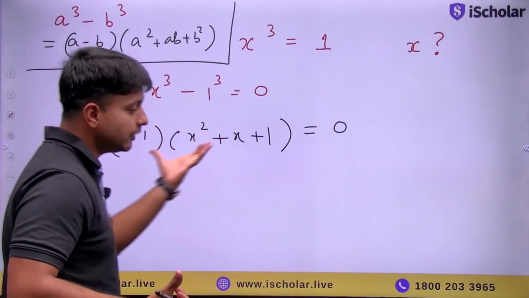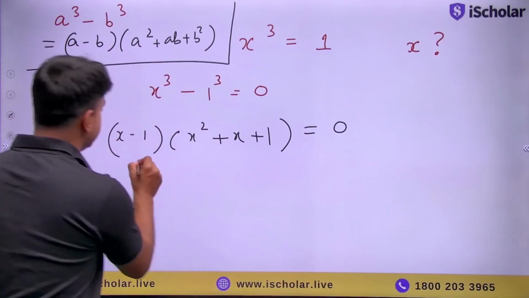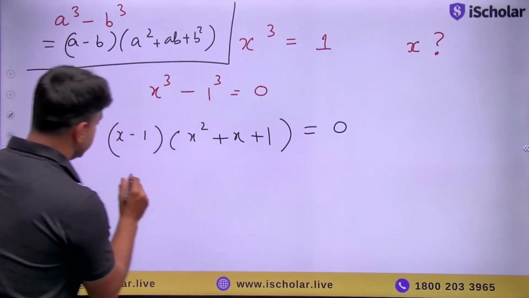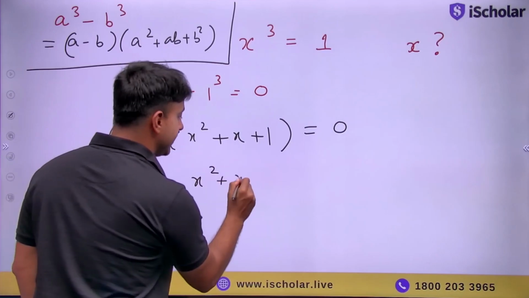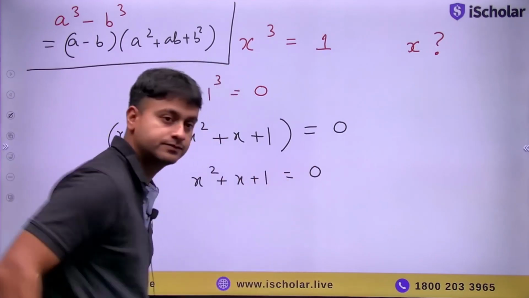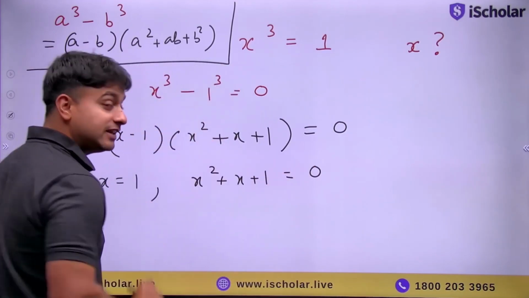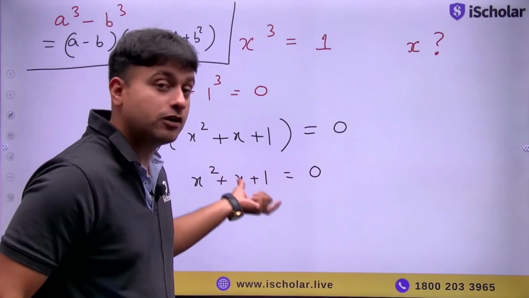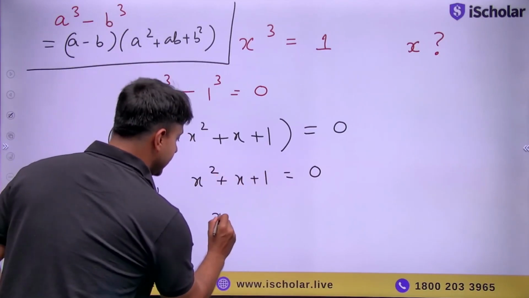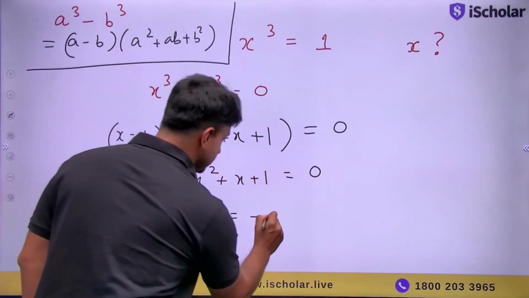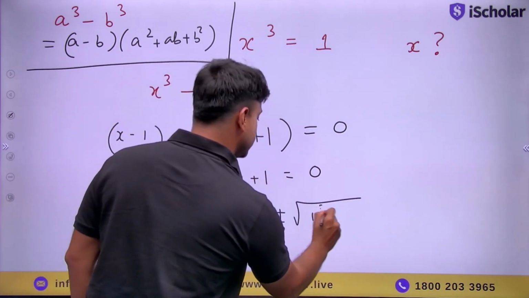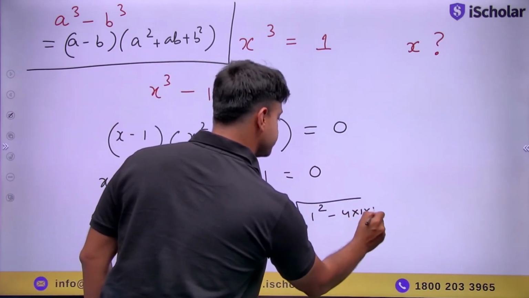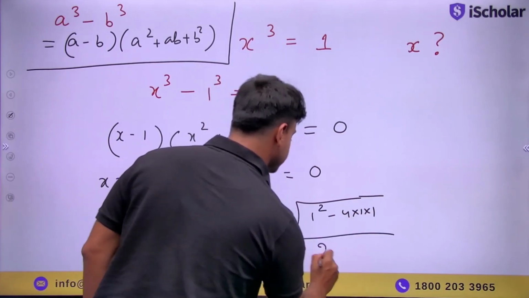Now if the product of two things is equal to 0, that means either this is 0 or this is 0, correct? So we will get x equals to 1, or we will get x square plus x plus 1 equals to 0. Now if I solve this quadratic equation using the quadratic formula, I will get x equals to minus 1 plus or minus under root b square minus 4ac upon 2a.